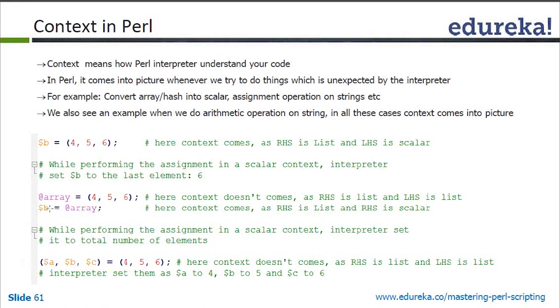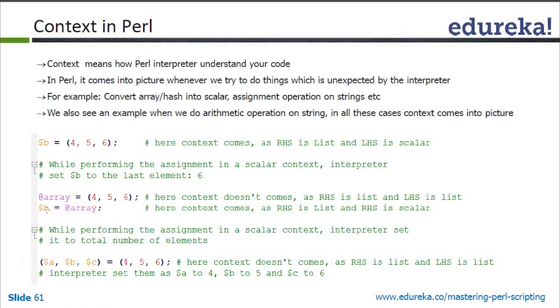This is another important trick in Perl, where you want to see the size or number of elements in an array. You can just assign it to a scalar variable. There are multiple ways to do that. One way we have already seen is getting the last index with the $# operator, which we covered in the last slides.